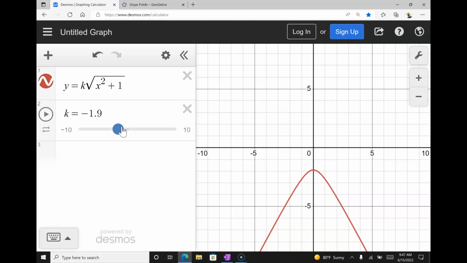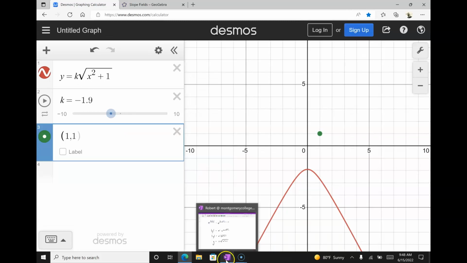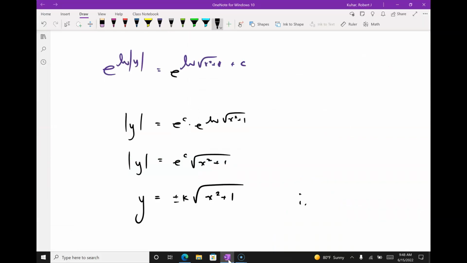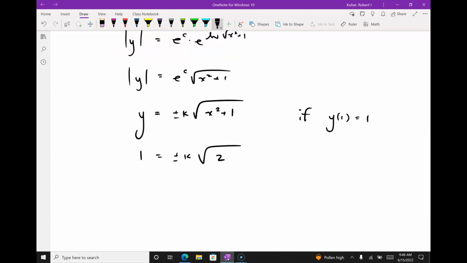And if we know an initial condition, right, if I know the point 1, 1 is on the curve, I can find the exact value of k in that case, right? So if y of 1 is 1, that's my initial condition, right? I know I could plug in y is 1 and x is 1. I can figure out k.